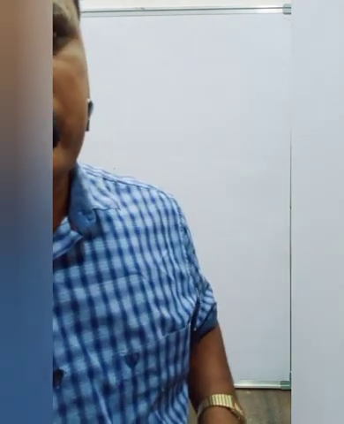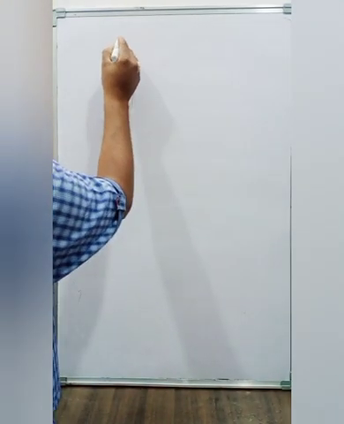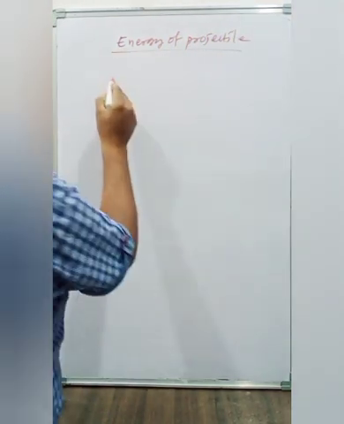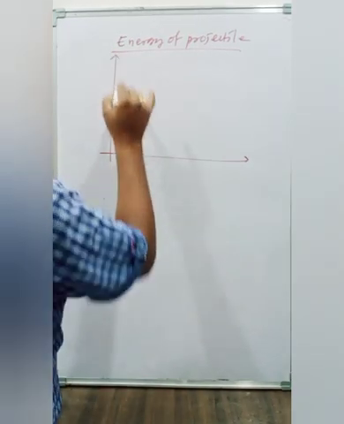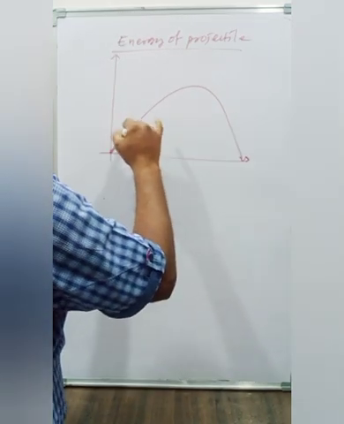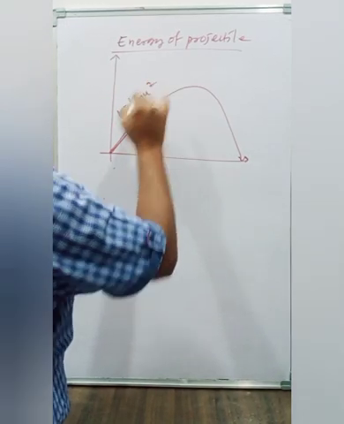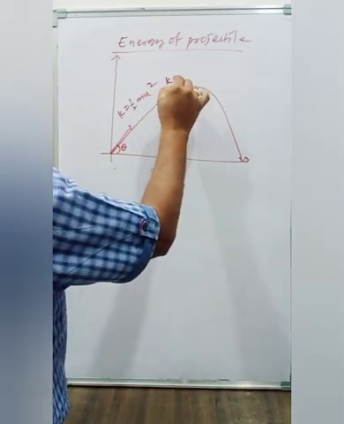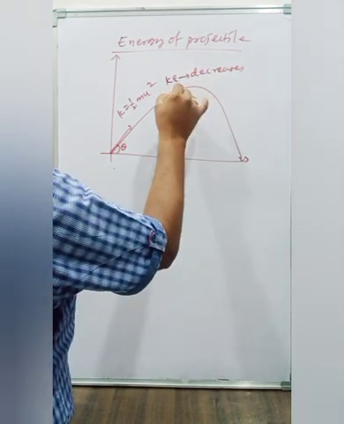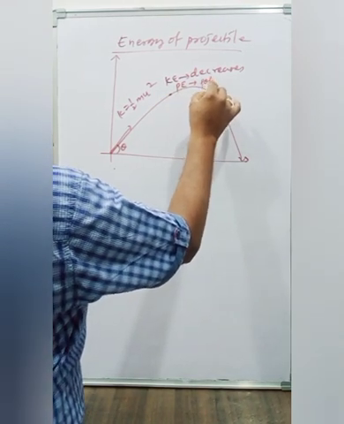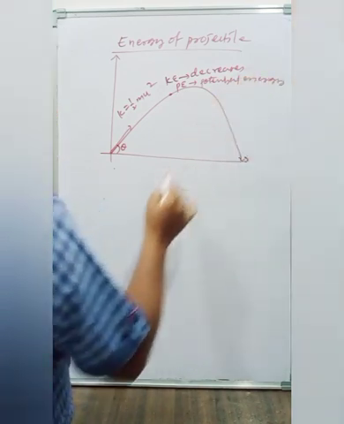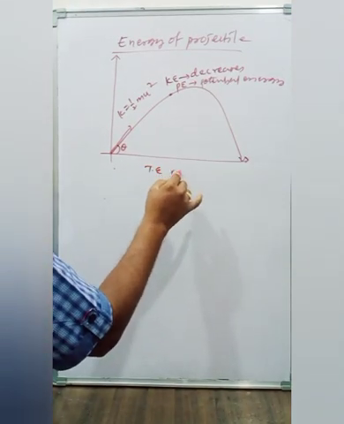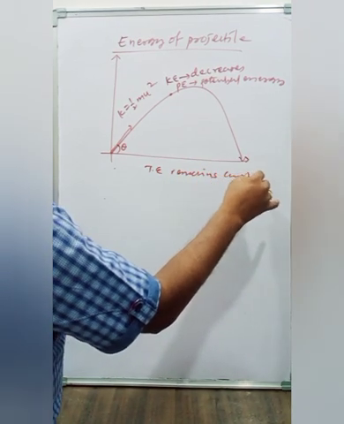Energy of projectile. When a projectile is projected upward with a kinetic energy of half m u square, while it is moving upward, the kinetic energy goes on decreasing and potential energy increases, thereby the total energy remains constant until it reaches the same plane.